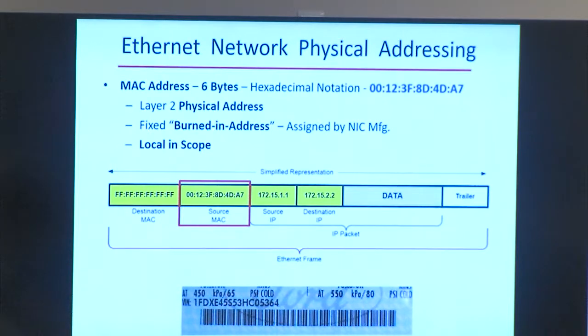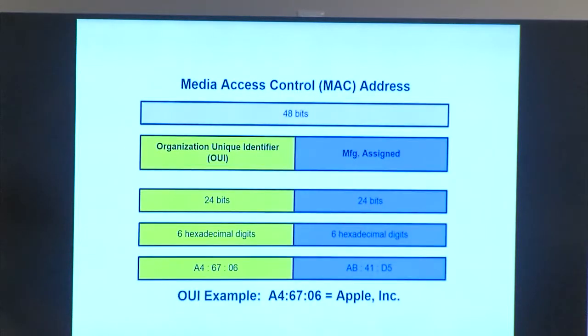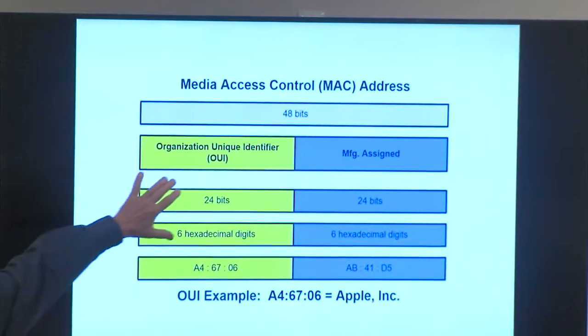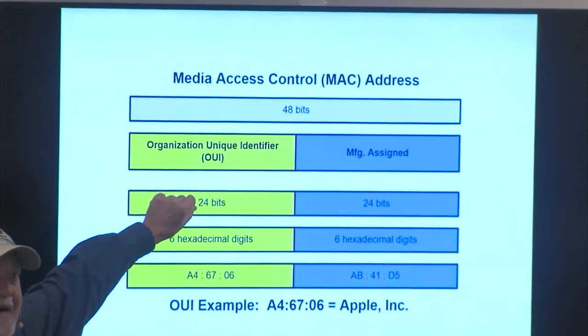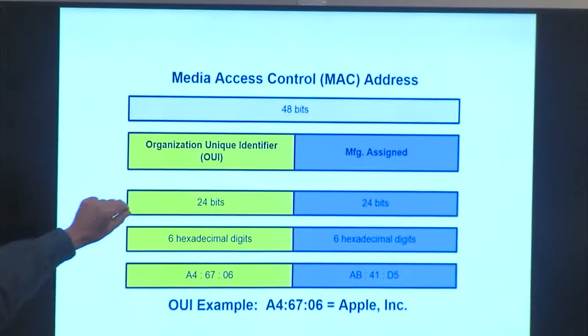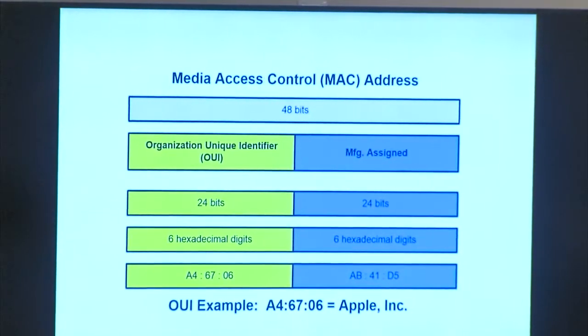Similar with a MAC address, although a little simpler, that MAC address is split down the middle to an organizationally unique identifier, or OUI, that can be traced back to a manufacturer.